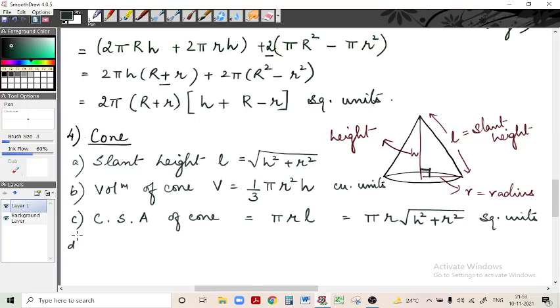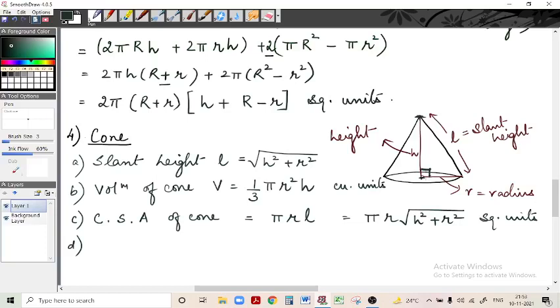And the difference between height and slant height is this: height is the straight distance from the vertex to the bottom, to the base.